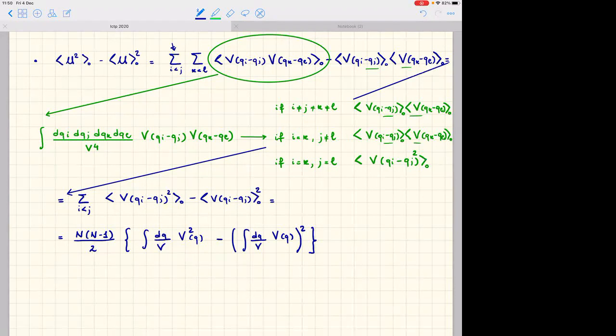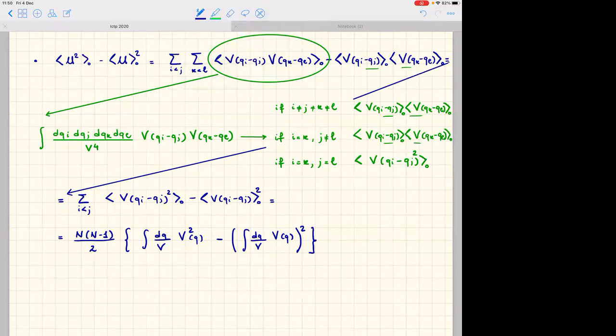Professor, so what you mean is that using the identities you've given us, k and l become only i and j, and i is equal to k and j is equal to l. Yes. So we are taking the third case only?